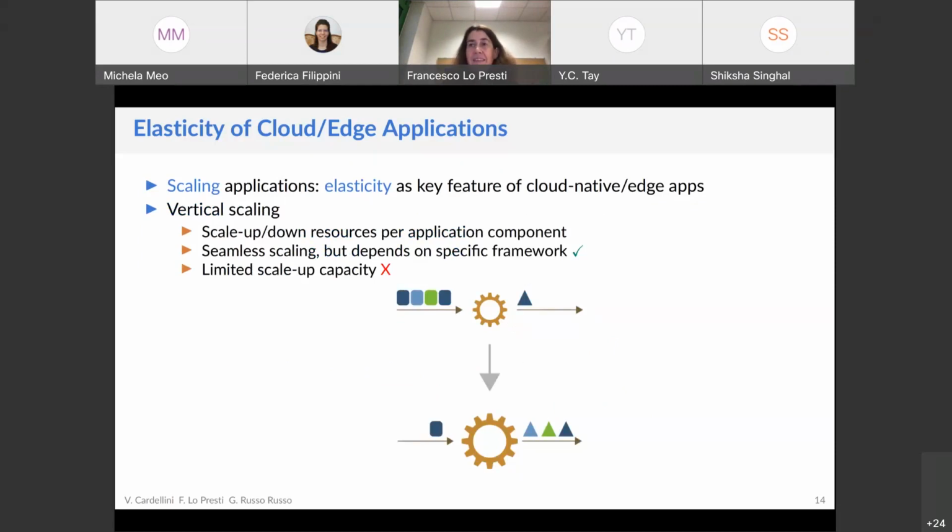In this case, the scaling overhead can be reduced, but it depends on the specific framework, as we will see in a few minutes with Kubernetes. The con is that usually you have a limited scale-up capacity because it depends, of course, on the amount of resources that you have available, for example, on the physical or on the virtualized node on which you run your component.